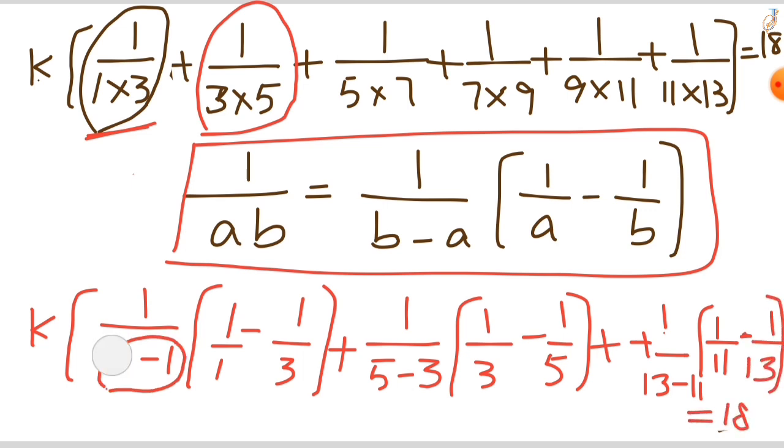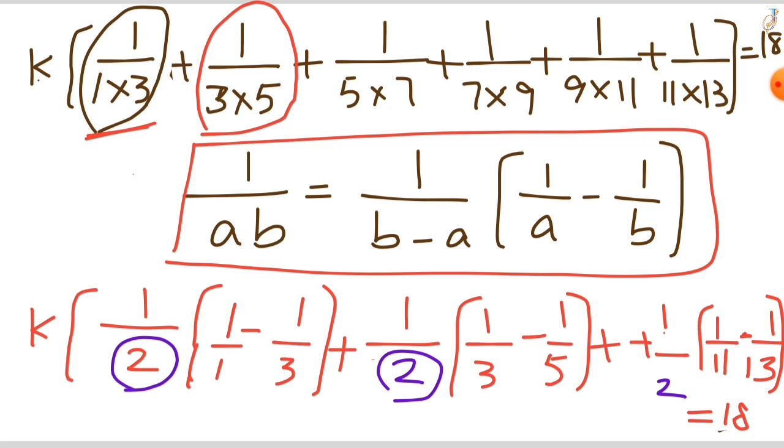Here 3 minus 1 is 2, and here also the value is 2, and here also the value is 2. So in the front of all the terms we have 2, 2 and so on. So that's why we take 2 as common.